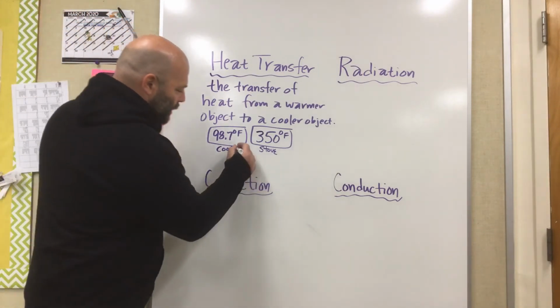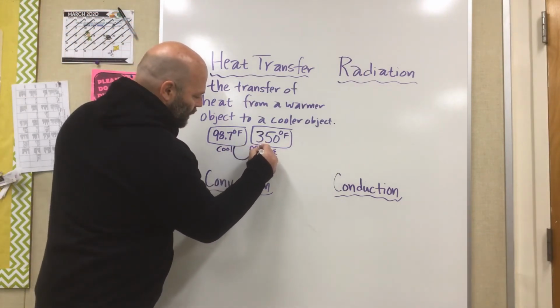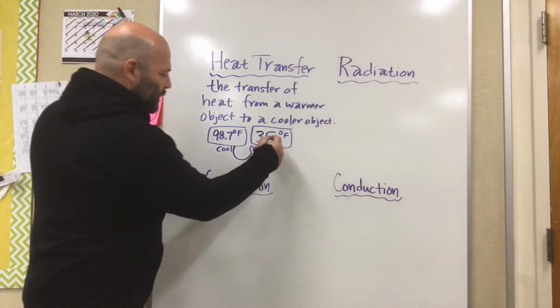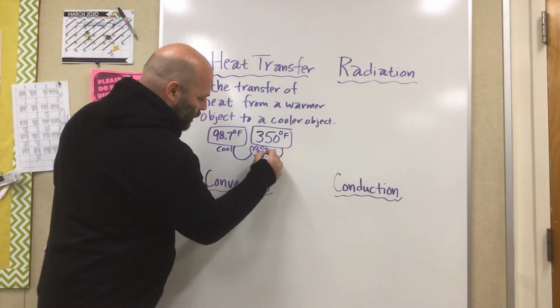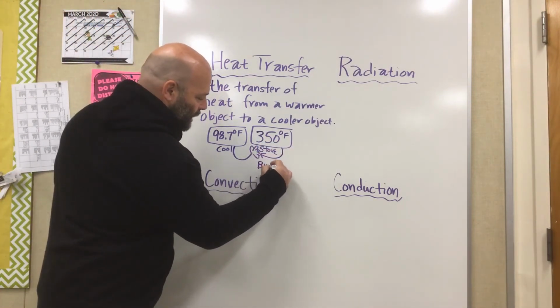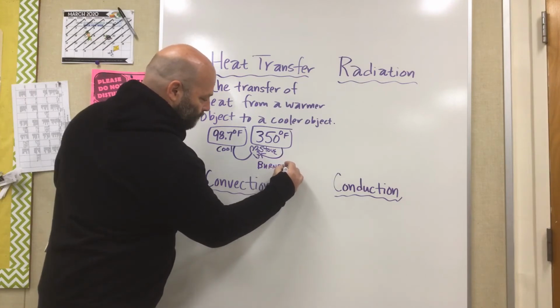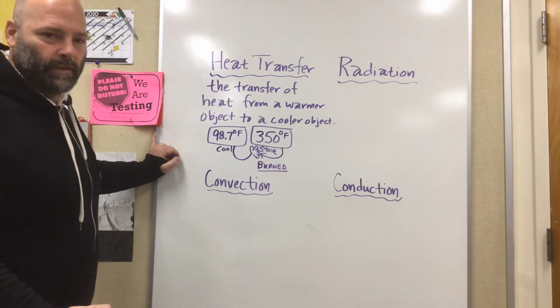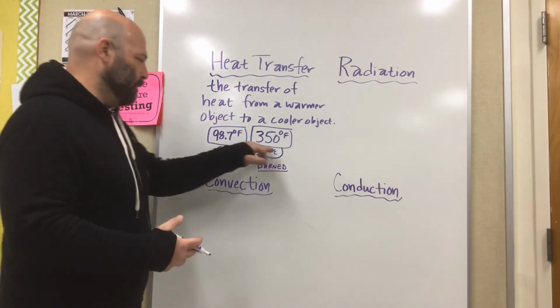So if you take your hand and you run it over that stove, what's gonna happen? The heat from the stove is going to transfer to your hand and you will be burned. Okay? So that's one way that heat can transfer itself. So that's one example you could use.